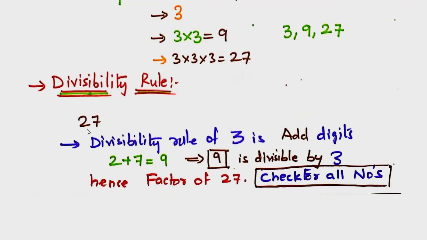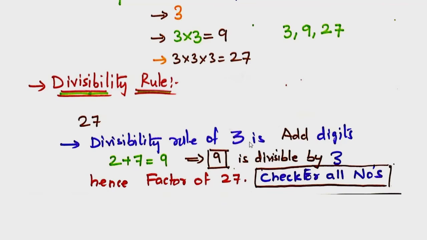In this case, we have 27 as that number, and we have to find the factors of this 27. So we can apply the divisibility rule over here. We have to check by which numbers 27 can be divided completely. We know that 27 does not end in an even digit, so it is not divisible by 2.